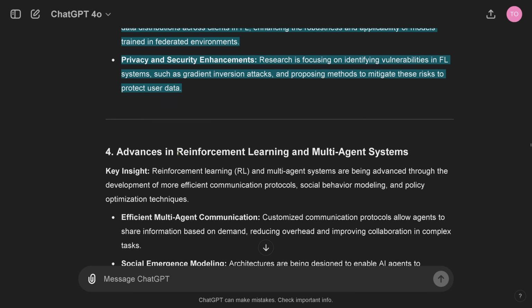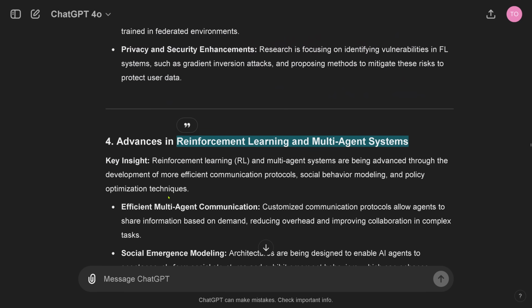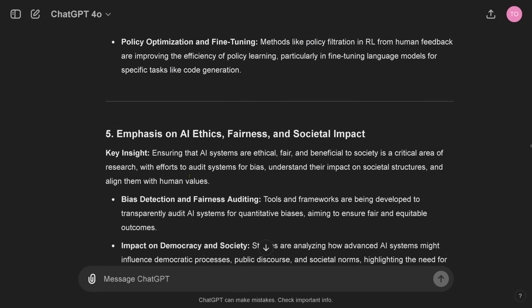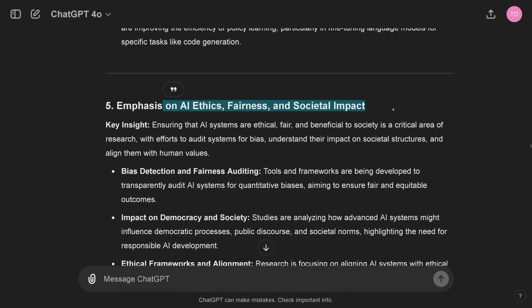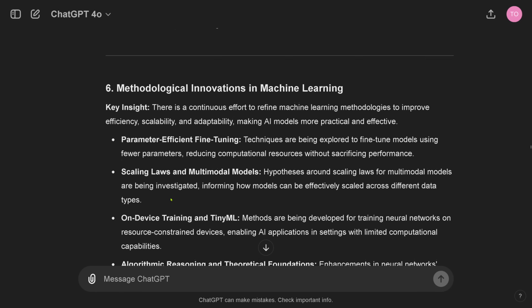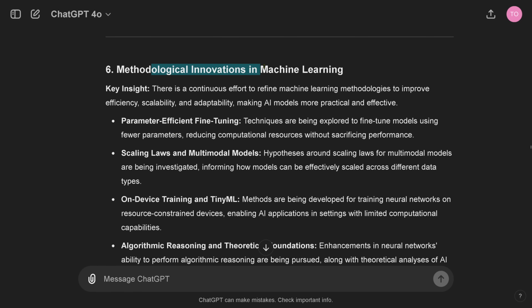Nice. Reinforcement learning and multi-agent systems. This we know already from the structure. Societal impact also. So interesting. Methodological innovation and machine learning. So it is cluster 6, but it has somehow changed. Key insight: a continuous effort to refine machine learning to improve efficiency, scalability, and adaptability.